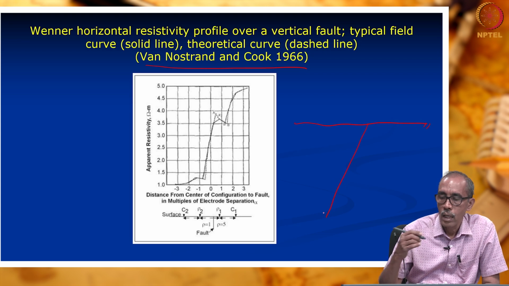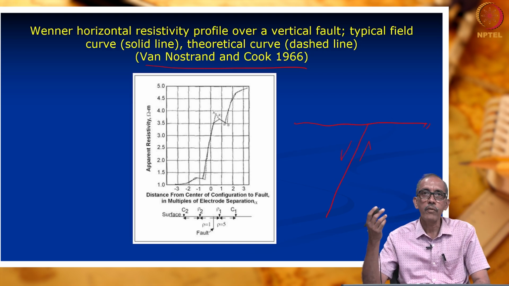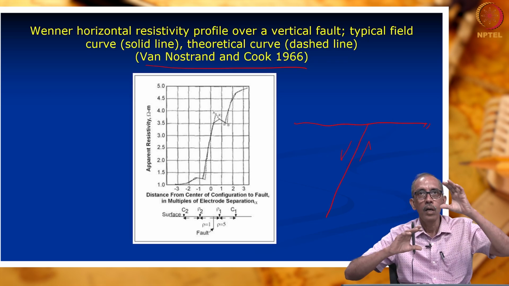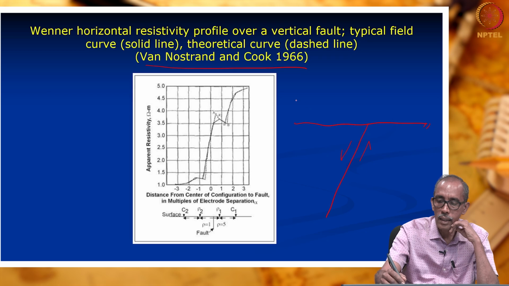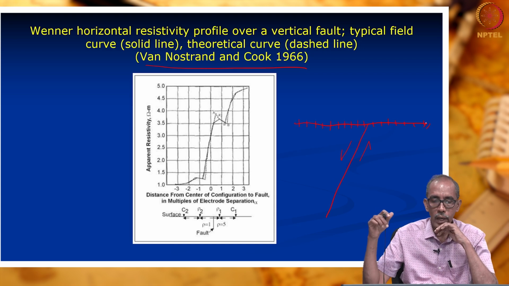There is a major discontinuity along which rocks have moved past each other in the geological past. This is what we call a fault line, along which blocks of rocks have moved over the other. So, over such a terrain, electrical resistivity profiling was carried out by moving the electrode along a profile.